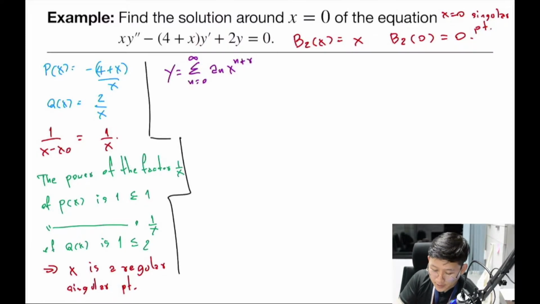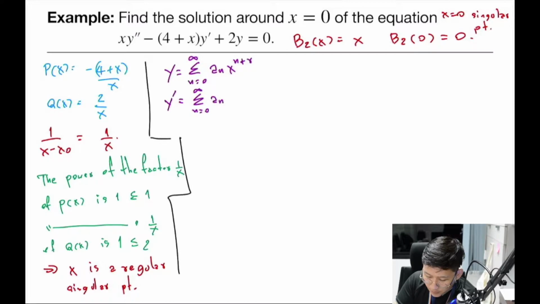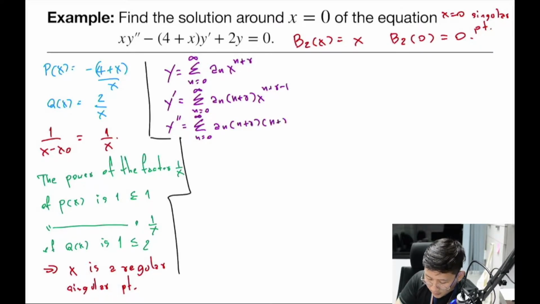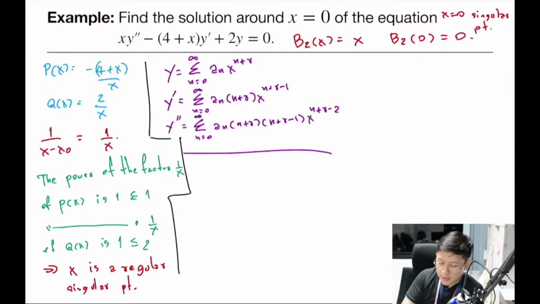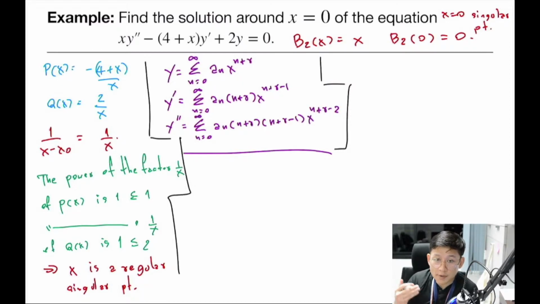After that, we find y prime, which would be summation n from 0 to infinity of a_n (n plus r) x to the n plus r minus 1, and y double prime would be summation n from 0 to infinity of a_n (n plus r)(n plus r minus 1) x to the n plus r minus 2. Then we substitute y prime and y double prime into the differential equation.